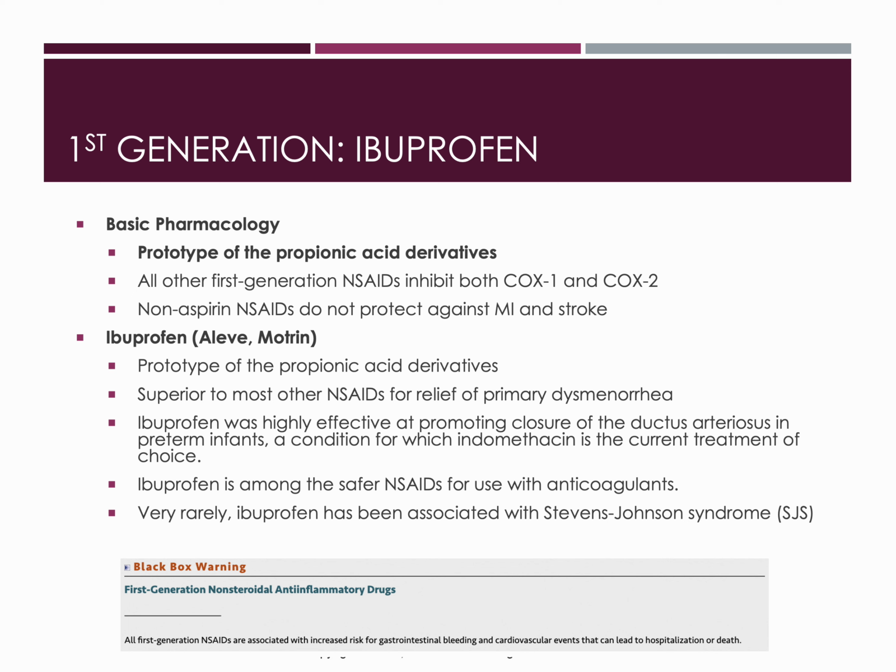In terms of the basic pharmacology of ibuprofen, so again, these brand names are Advils and Motrins, you want to see that ibuprofen is the prototype of the propionic acid derivative. And these are going to be discussed right now.